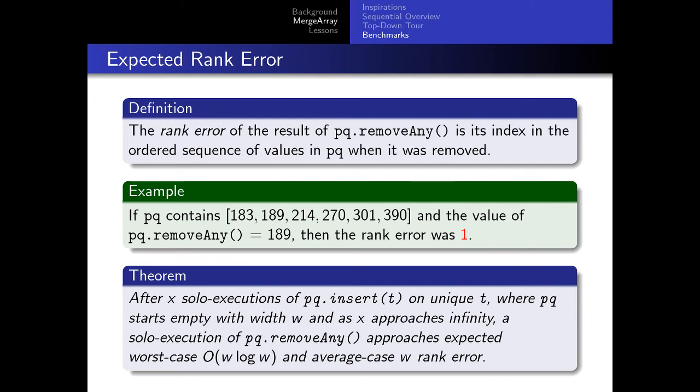You can prove that if you have a simple sequential execution of inserting lots of stuff and then trying to remove one, where the length of the array is W, you get a W log W rank error, worst case expected. The average case is just W. If you look up the coupon collector's problem, it's basically the same thing.